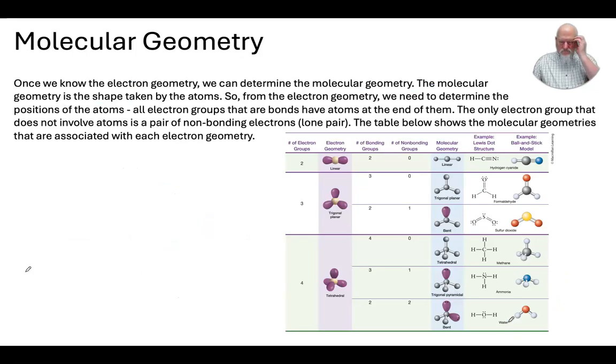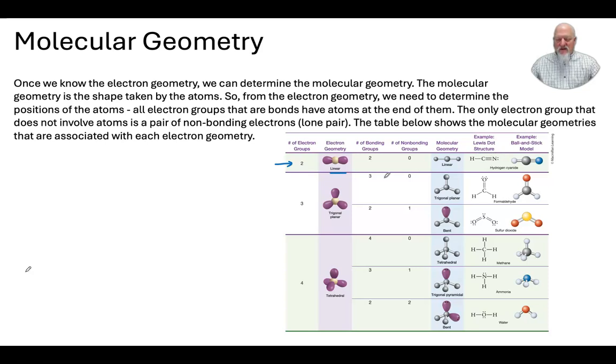All right. So if I make a nice little table like the one in your book, I can see that with 2 electron groups around the central atom, the electron group geometry is linear. Now we want to know what the molecular geometry is. And remember, the molecular geometry tells me where the bonds are. In the case of a linear molecule, like HCN, each of the electron groups around the central atom is a bonding group.